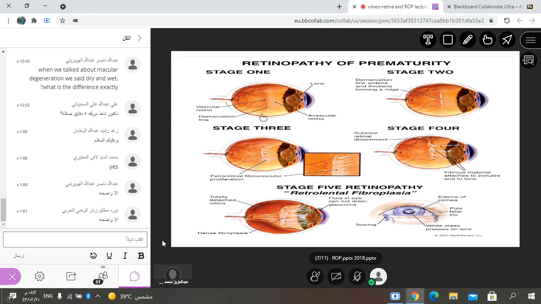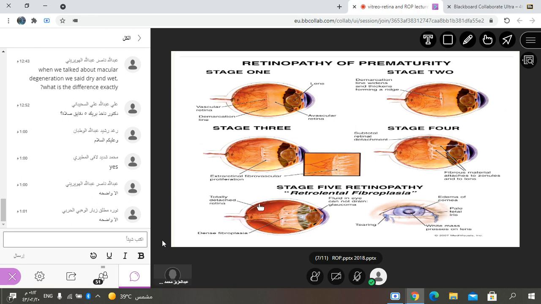Stage 3, there is new vascularization over this demarcation line and ridge. Stage 4, there is fibrous tissue and detachment, with the macula not involved. It's a partial detachment. Stage 5, this is a total detachment.